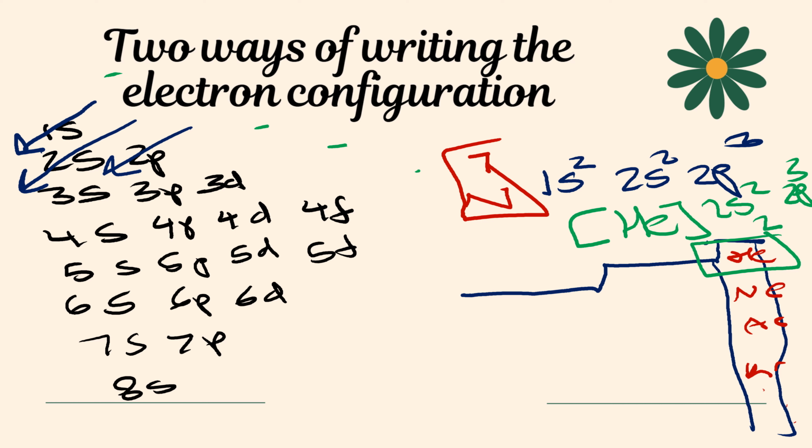Because helium holds 2 electrons, for nitrogen with 7 electrons we subtract 2, and then write the remaining electrons. Let's try another example.